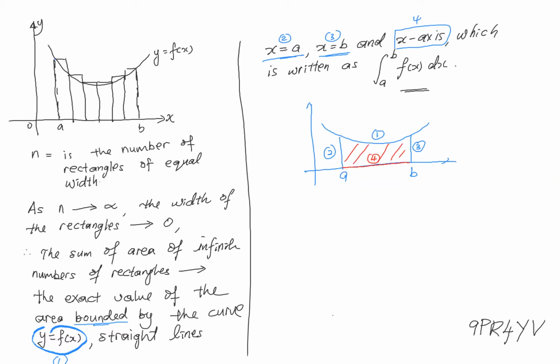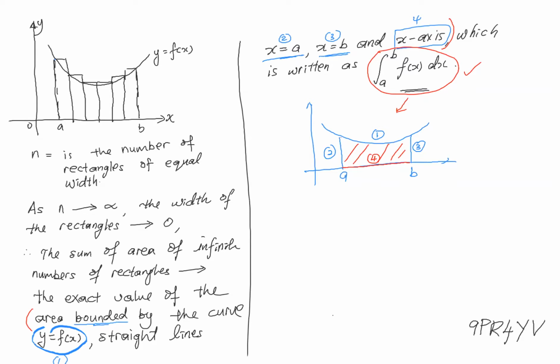So the definite integral, if I ask you what is the meaning of this, you must mention this. If I ask you to interpret this, you have to say that it is the area bounded by the curve, the straight lines x equal to a, x equal to b, and the x-axis.